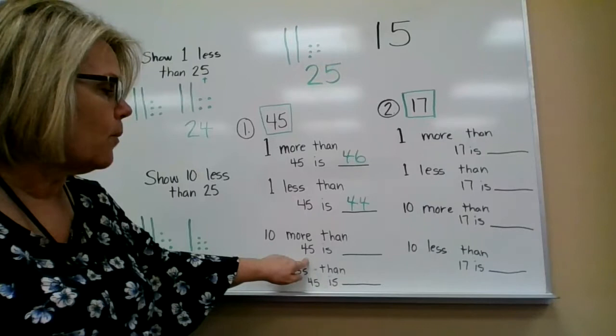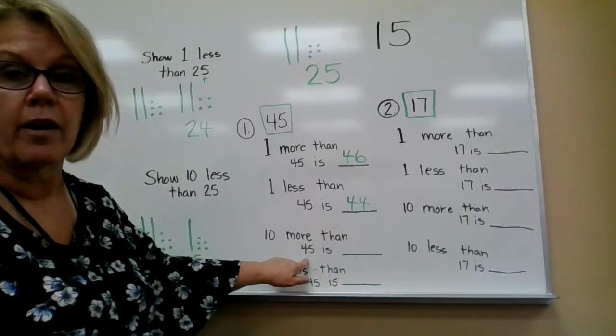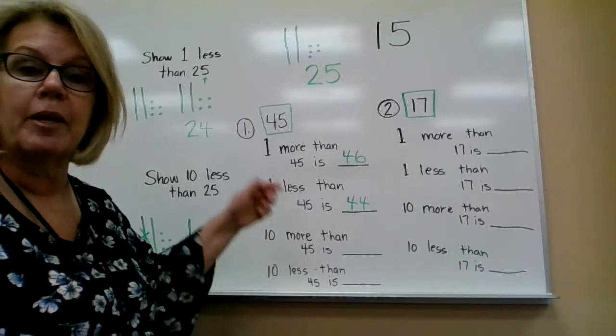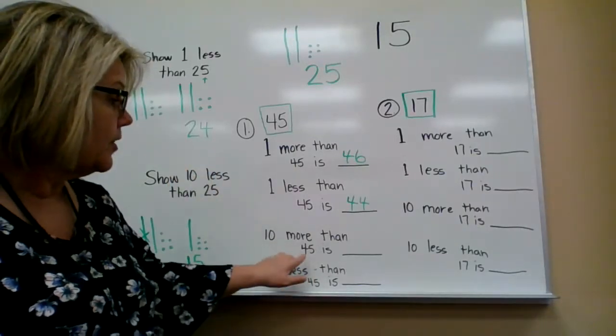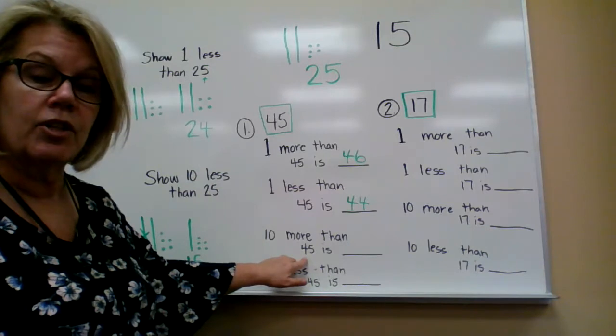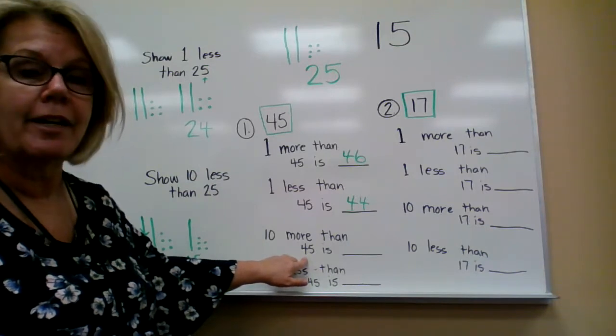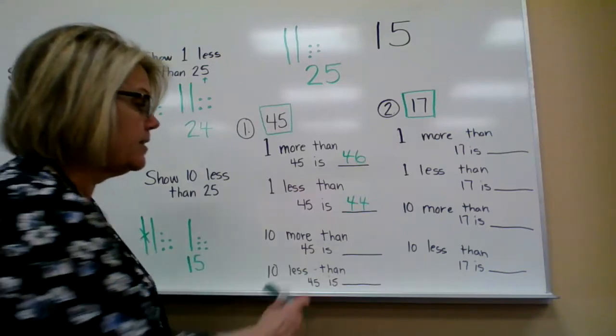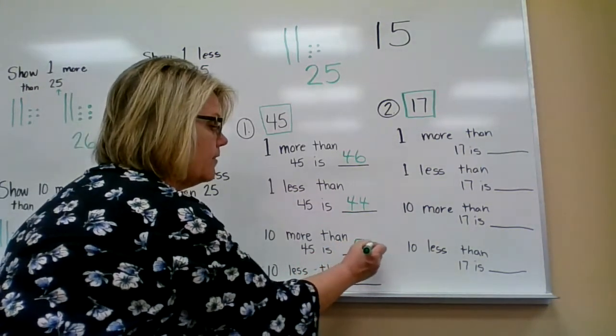If we want to know the number that is 10 more, that means that number in the tens place, the number 4, gets bigger by 1. So what number comes after 4? It's 5. So 10 more than 45 is 55.